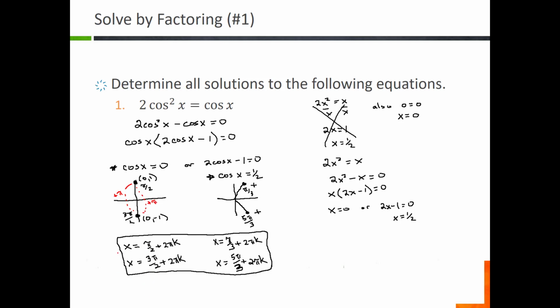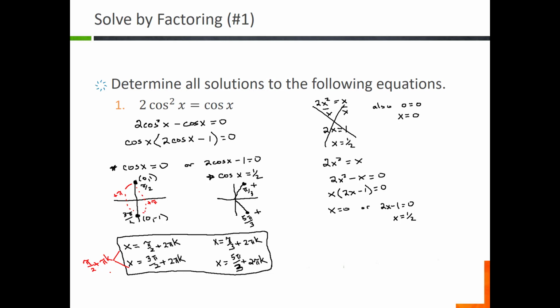So we could take these first two and rewrite them as just pi over 2 plus pi k. So I could merge those together into just a single expression, but I can't do that with the pi over 3 and the 5 pi over 3.